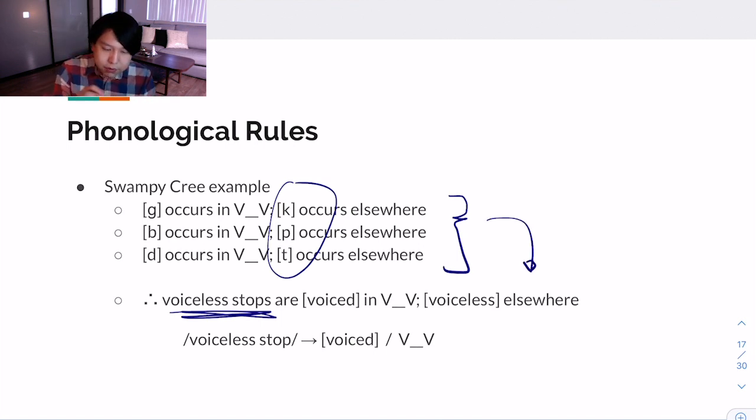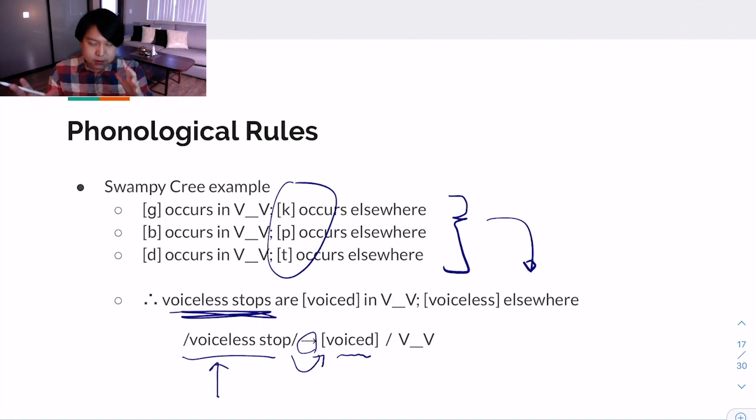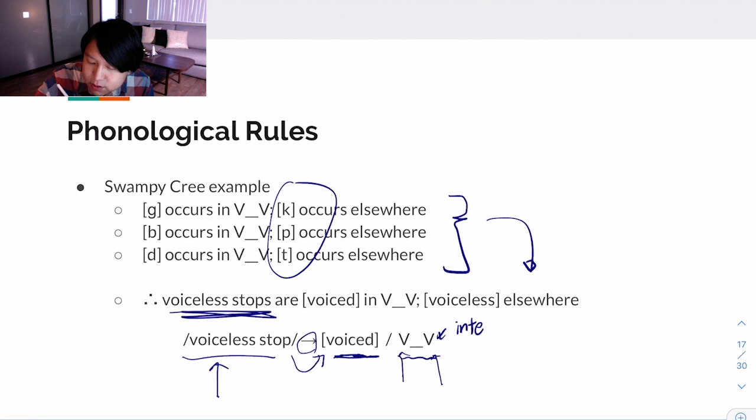So always you put the phoneme between two slashes. So voiceless stop is changed to voiced. This arrow means it converts to, it's changed to, it becomes voiced in some environment, that is between V and V. And V stands for a vowel, so it means this is an intervocalic position.